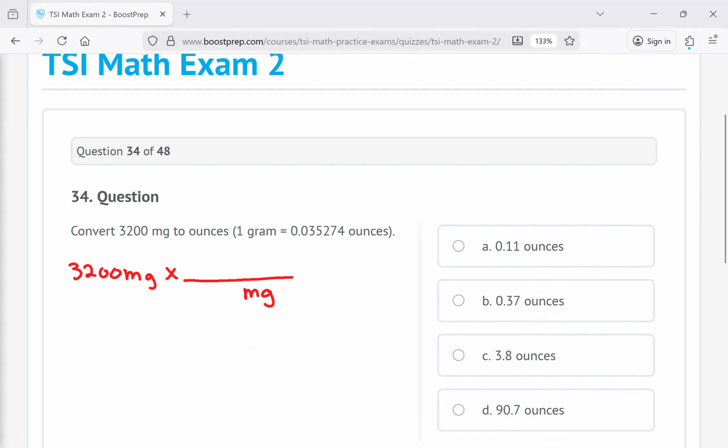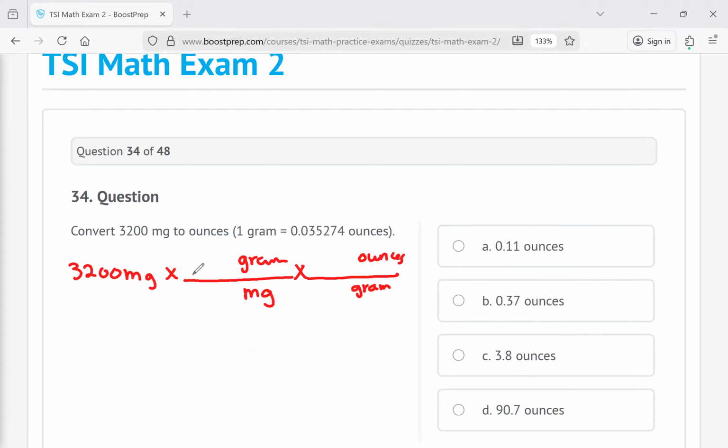Over here, yeah, we were right. Put milligrams in the bottom and then grams on the top. And then, because our final answer has to be in ounces, I'm going to put times, and then grams here because I want to get rid of the grams, and then on the top, you could put ounces.